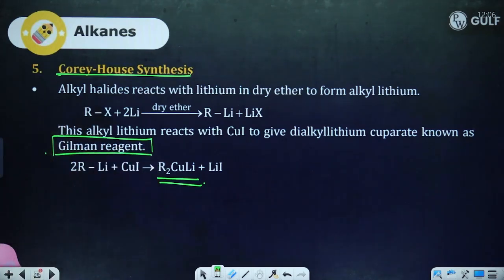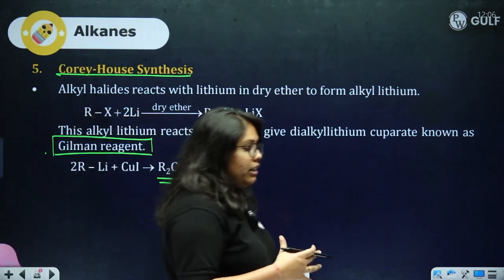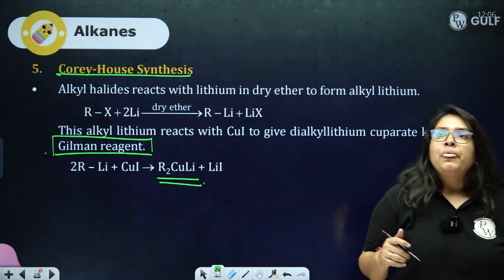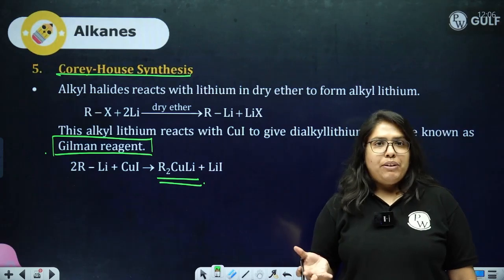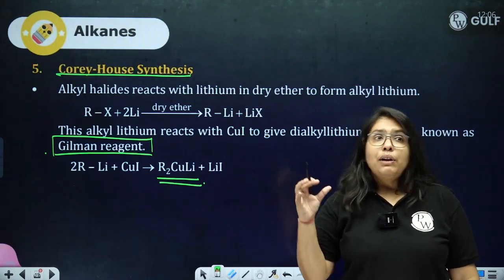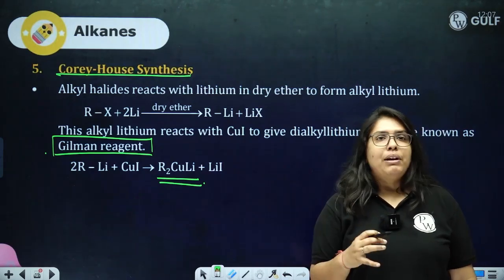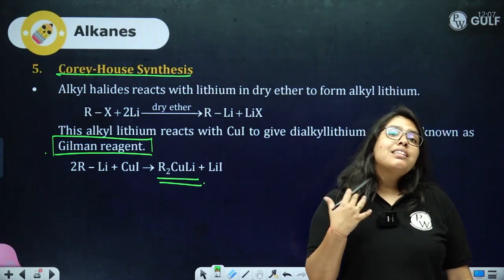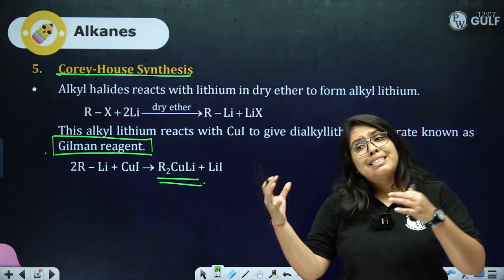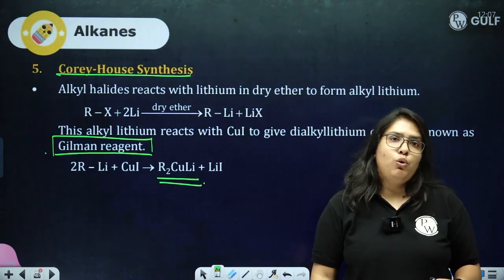And using this method, we can prepare symmetrical alkanes. See, the problem was in Wurtz's reaction. What happened was, in Wurtz's reaction, we could prepare symmetrical alkanes, and we could even separate them. But with respect to unsymmetrical alkanes, we could not separate them because the boiling points were so low.